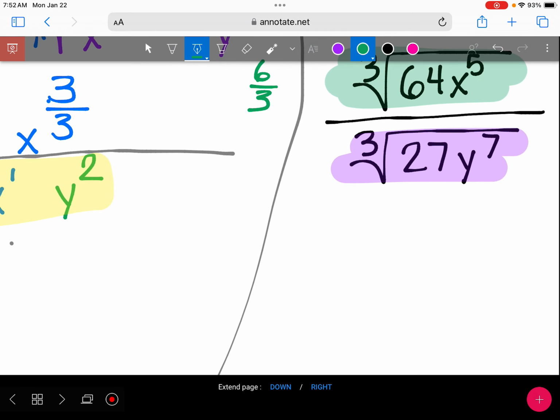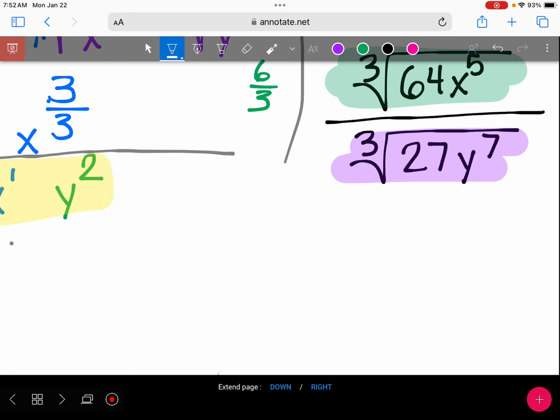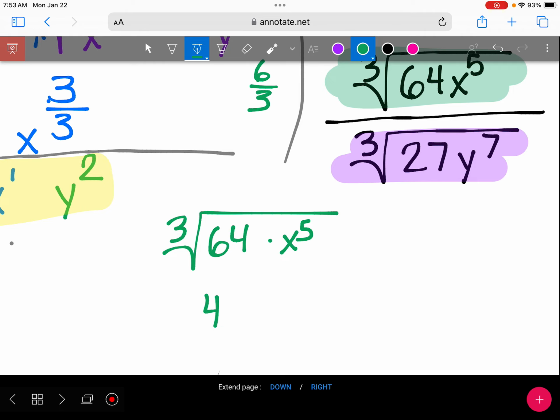So I'm going to take my numerator, the cube root of 64x to the 5th. What is the cube root of 64? Yeah, 64 we can write as 4 cubed. So the cube root of 64 is just the 4 part.